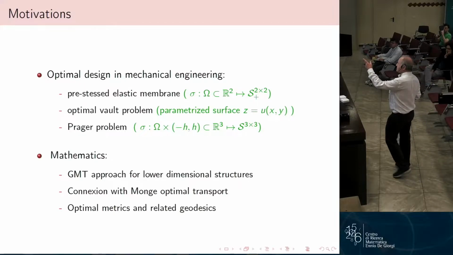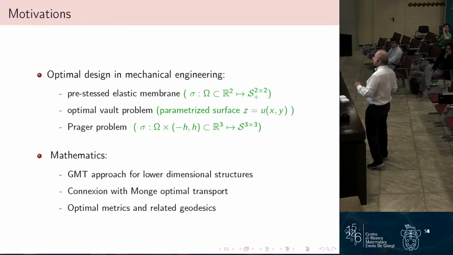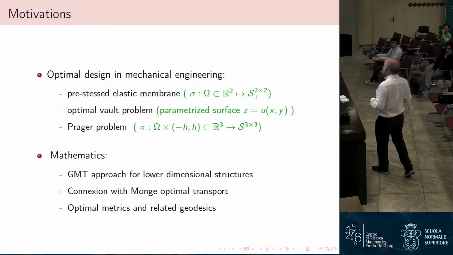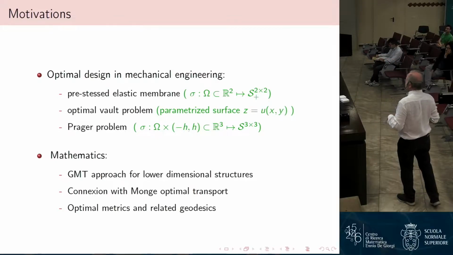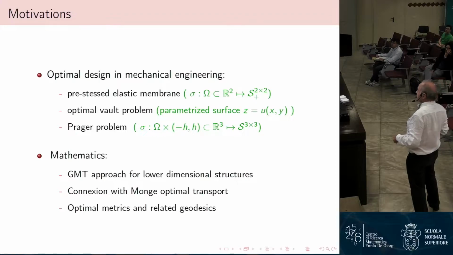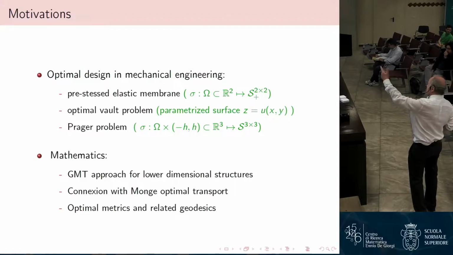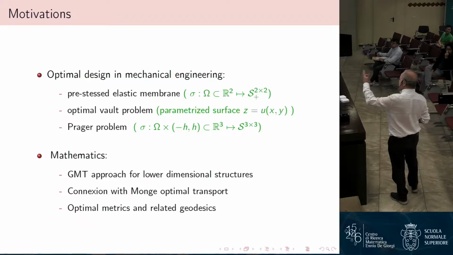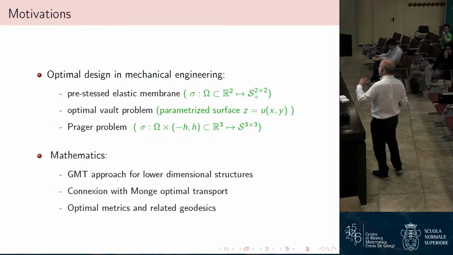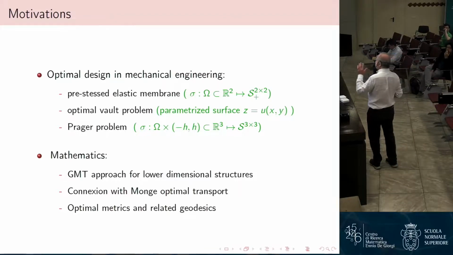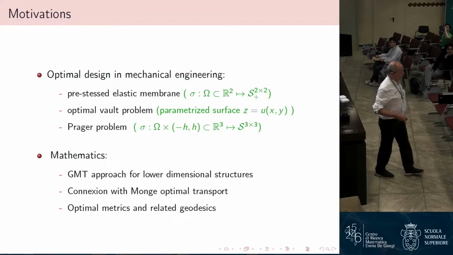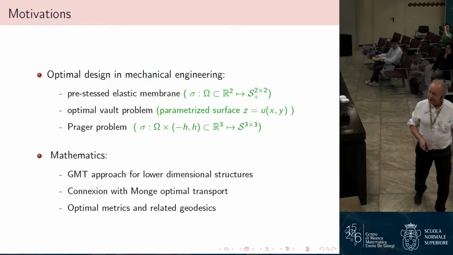And you also have a 3D problem where the stress measure is now valued in 3 by 3 symmetric matrices, and there is a direct relation because in some cases for given data the solution lives on a surface, and there is a kind of equivalence. This equivalence with the optimal Vaux problem was a conjecture.